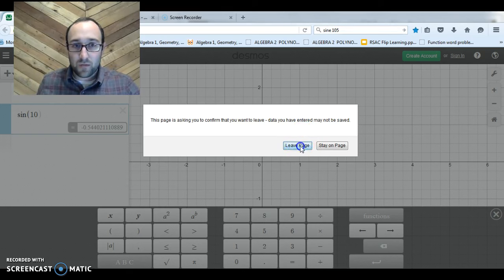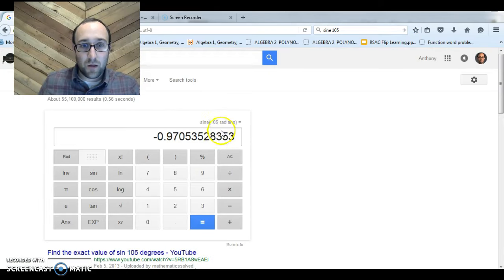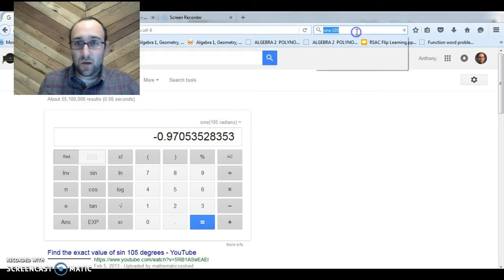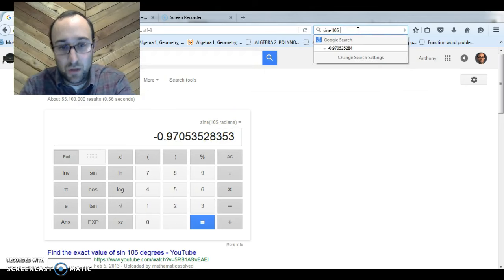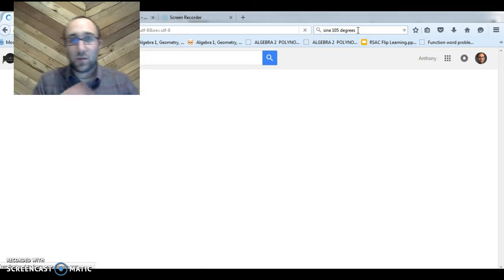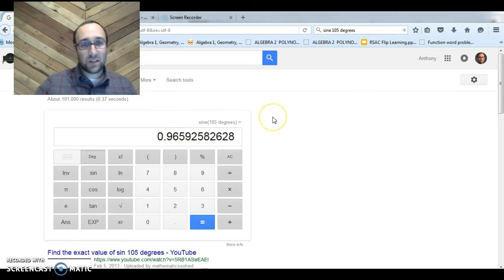Yes, I want to leave the page. That's okay. And it says in radians. Let's just change this to degrees. And it says it is 0.9659.